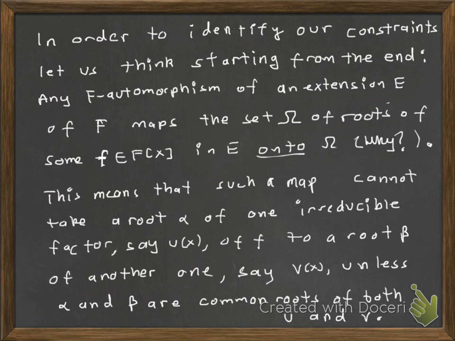Well, to approach this question, we first identify our constraints of necessity and start with the most particular, most special case of extensions where both the base fields and the overfields coincide.